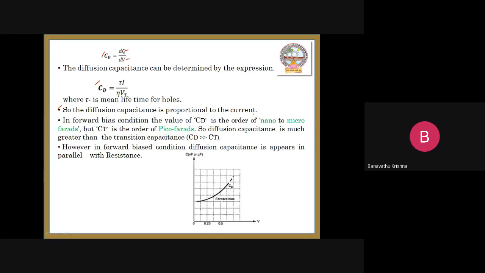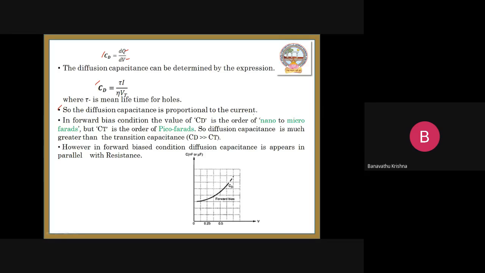Why is it increasing? Because the depletion region area will be very small, so there exists an electric field intensity due to that small area, and the capacitance property is also increasing. How? By applying the forward bias condition.